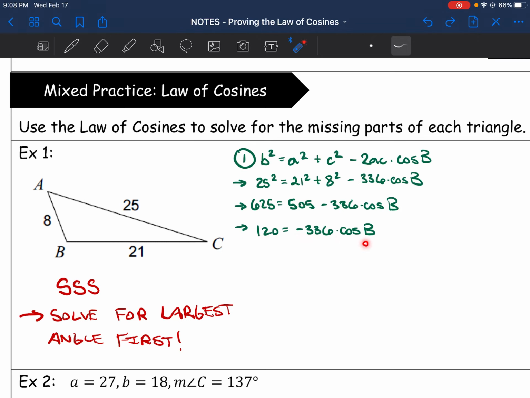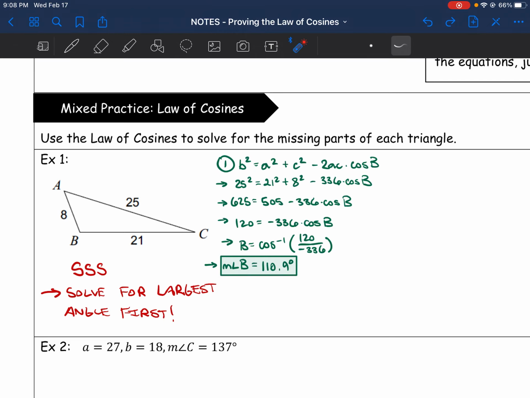And since I want to find B, I have to get rid of this cosine, so after dividing by negative 336 on both sides, I took the inverse cosine. So angle B is equal to the inverse cosine of 120 divided by negative 336. If you plug that into a calculator like Desmos or a TI-84, making sure your calculator is set to degrees, you get that the measure of angle B is about 110.9 degrees.